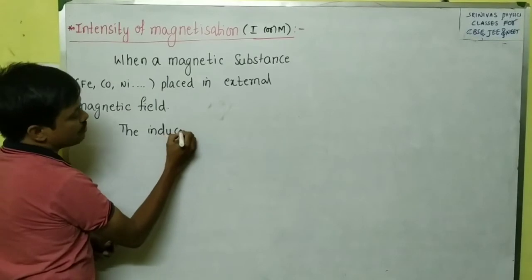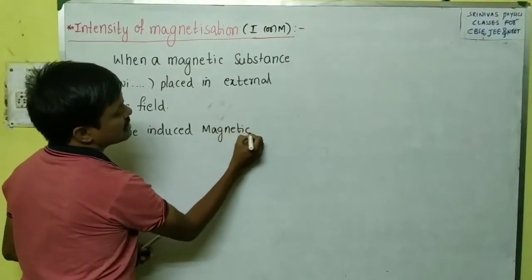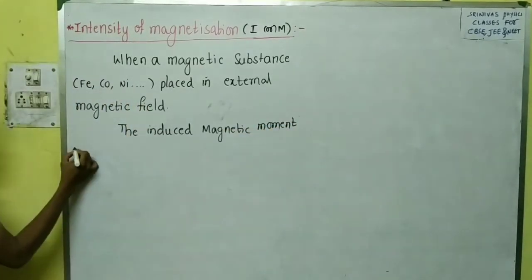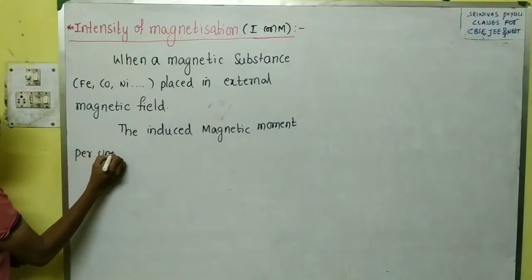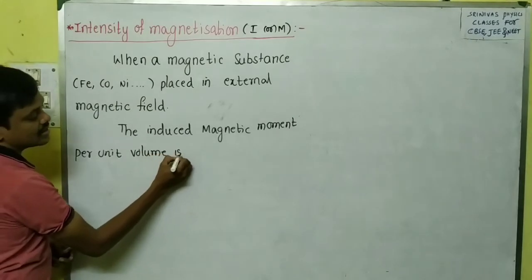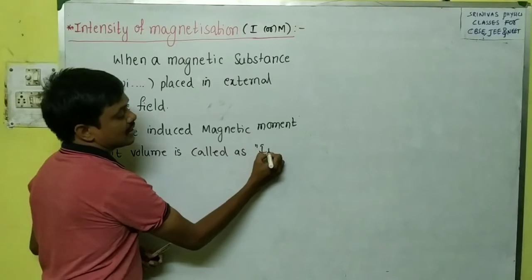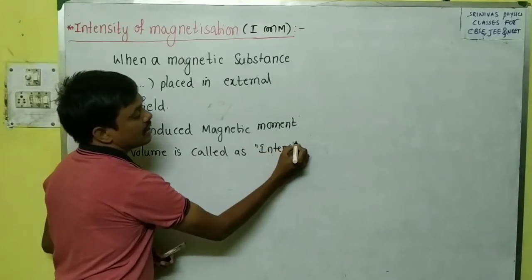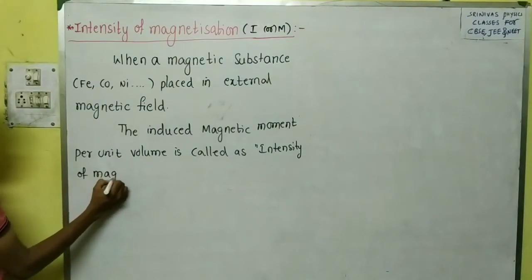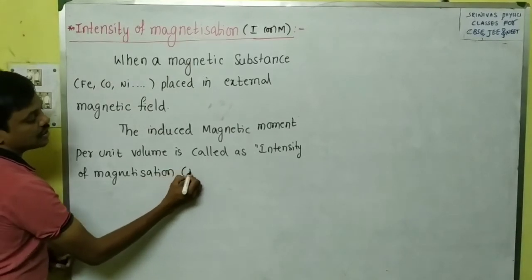The induced magnetic moment per unit volume is called intensity of magnetization. This is denoted with capital I.